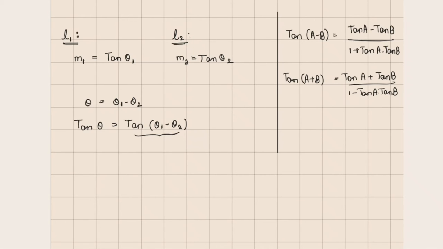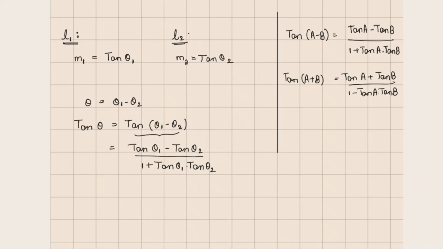Using the tan(A minus B) formula, that is tan theta 1 minus tan theta 2 by 1 plus tan theta 1 into tan theta 2.